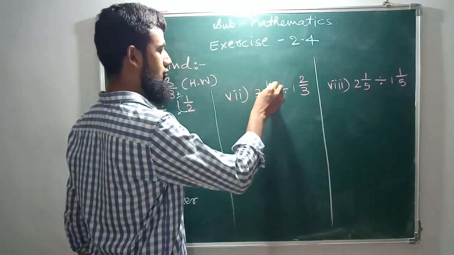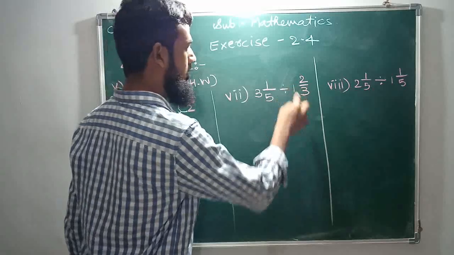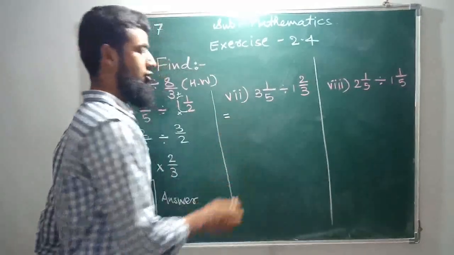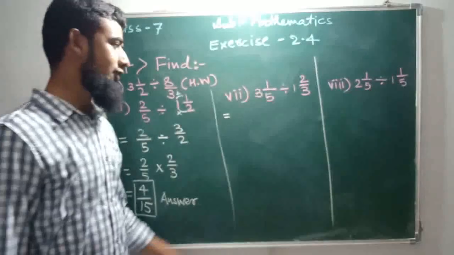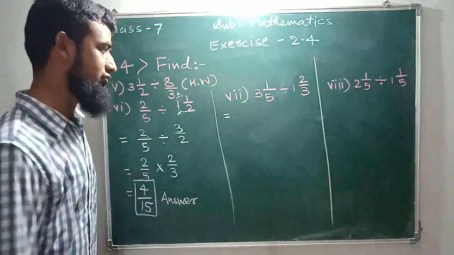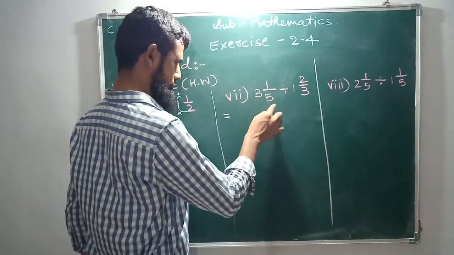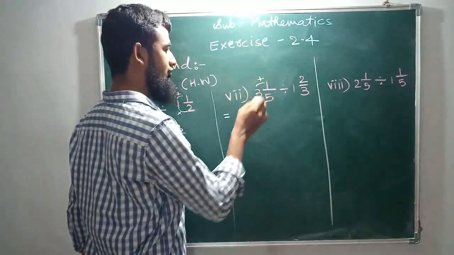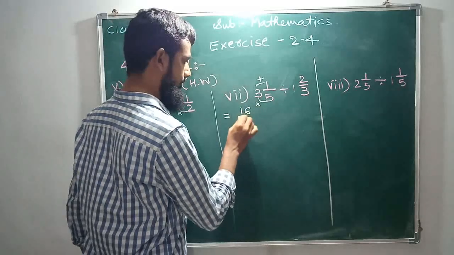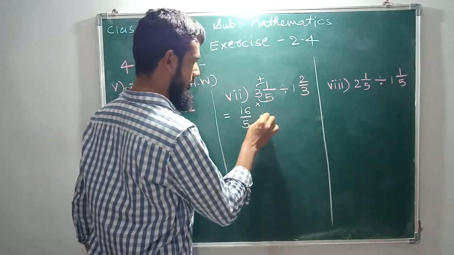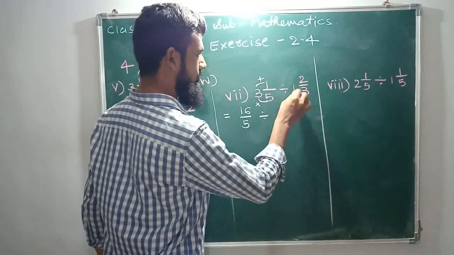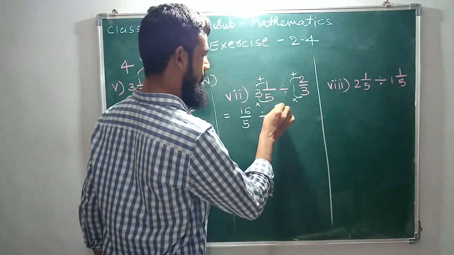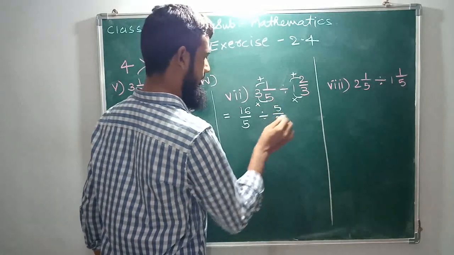3 integer 1 upon 5 divided by 1 integer 2 upon 3. What we have to do first? We will convert mixed fraction into simple fractions. Okay. 5 3 ja 15. 15 plus 1 plus 16 upon 5 divided by 3 1 ja 3. 3 plus 2 5 upon 3.